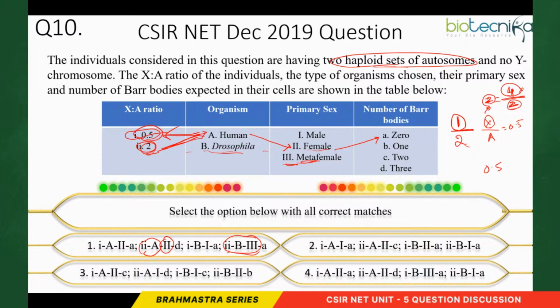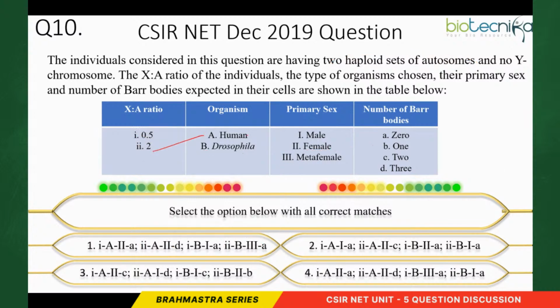Now here, if it is ratio 2 for humans, we have 4 X chromosomes, which means only one will be active and the other 3 will be bar bodies. So in that case, if you have 2A giving rise to female, we have 4 X chromosomes, then the bar body count should be 3. So 2A to D. That is what we have over here.